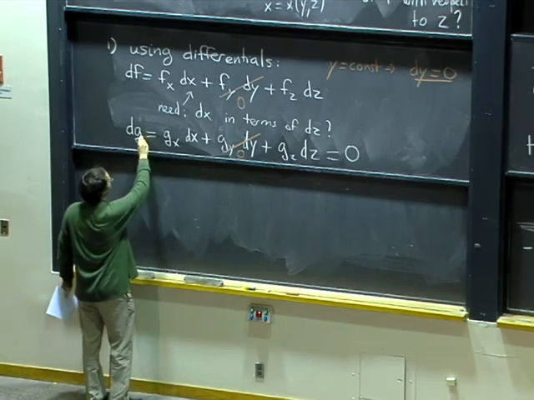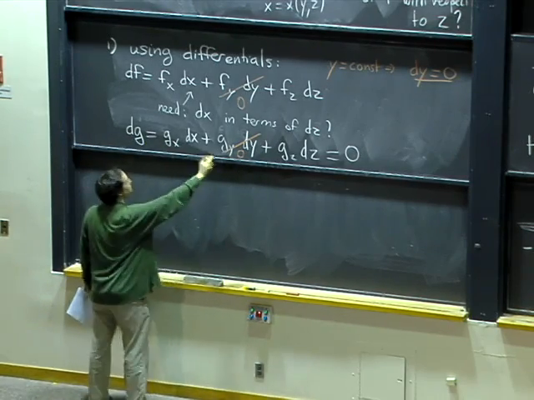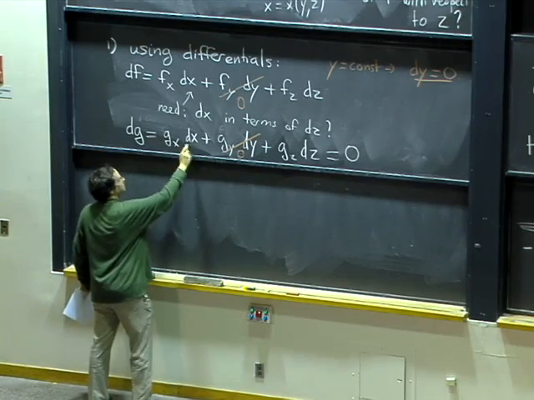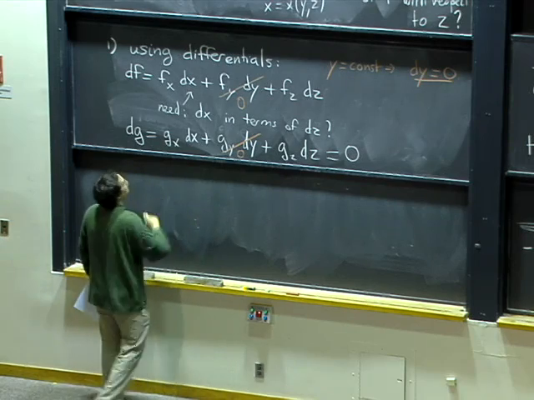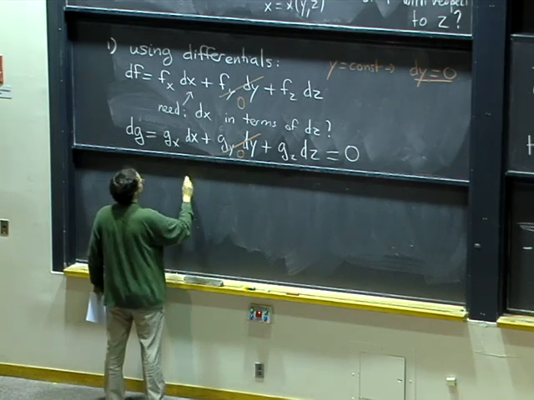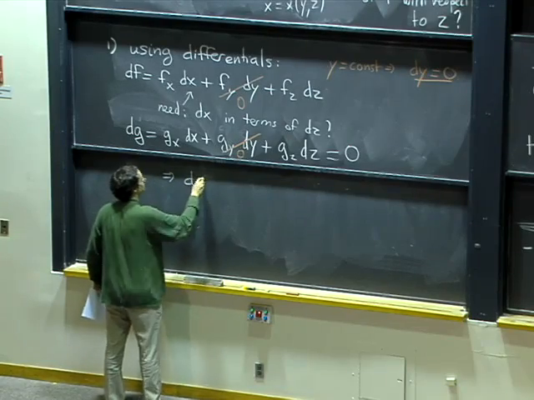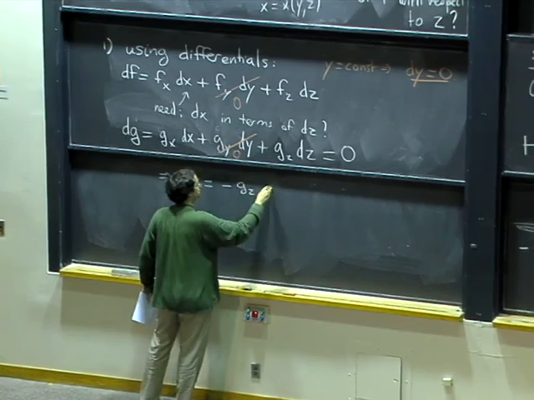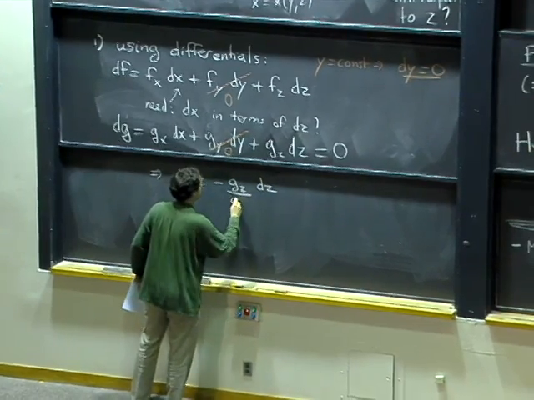So again, saying that g cannot change and keeping y constant tells us gx dx plus gz dz is 0, and we'd like to solve for dx in terms of dz. That tells us dx should be minus gz dz divided by gx.